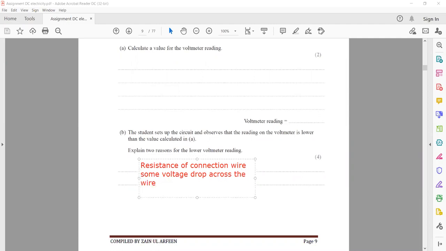And the second, the internal resistance of the cell, is neglected here. So the cell will have internal resistance, so the terminal voltage is less than 1.5 V.